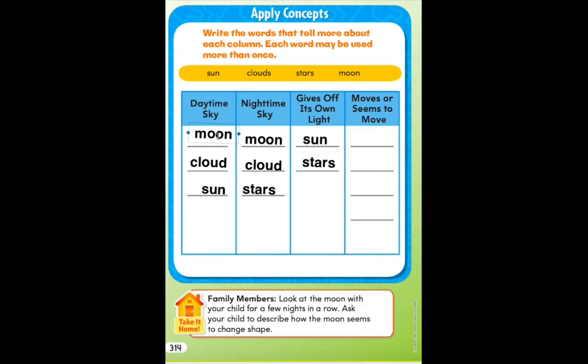Actually it is the moon that moves the most. Even you would have seen clouds moving in the sky. So let's put cloud. Then we have sun. We feel like sun is moving, but sun is not moving. Earth is moving. That's why we feel that the sun is moving. Sometimes we feel stars also moving along with us.